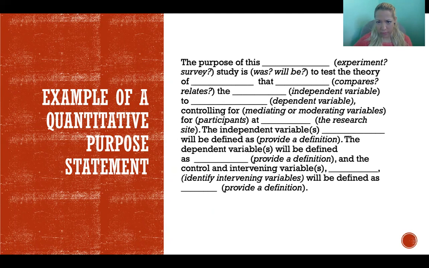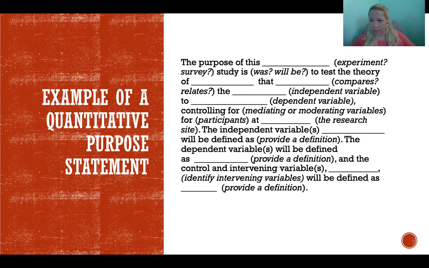And so that something compares or relates the independent variable to the dependent variable. And of course, you're not going to say independent and dependent. You're going to put in what those variables are, controlling for, and then list any mediating or moderating variables that you're going to control for in your study.